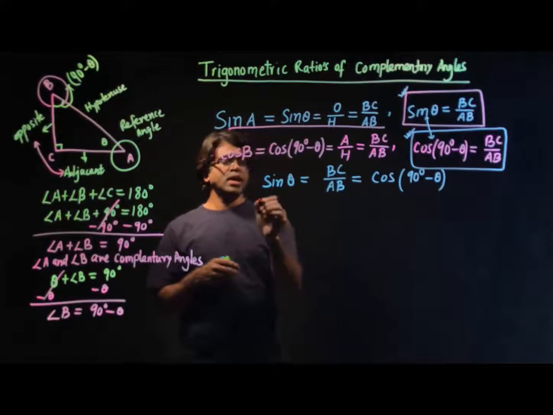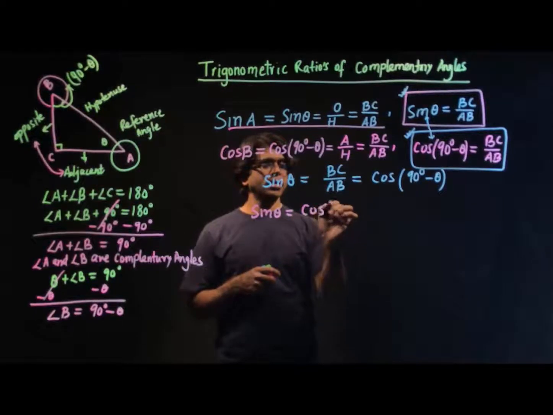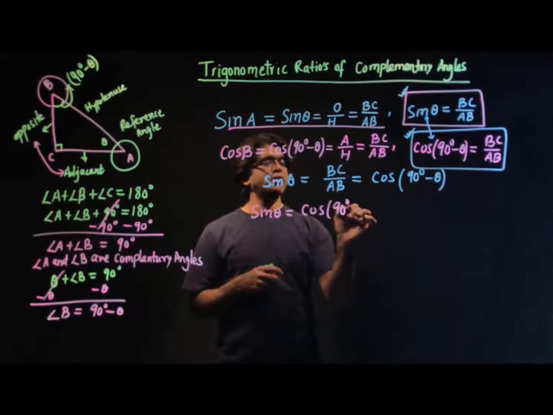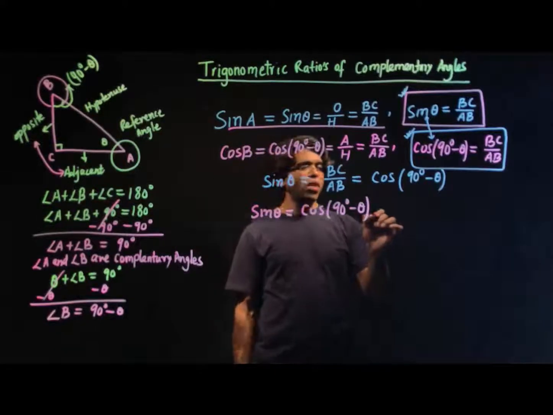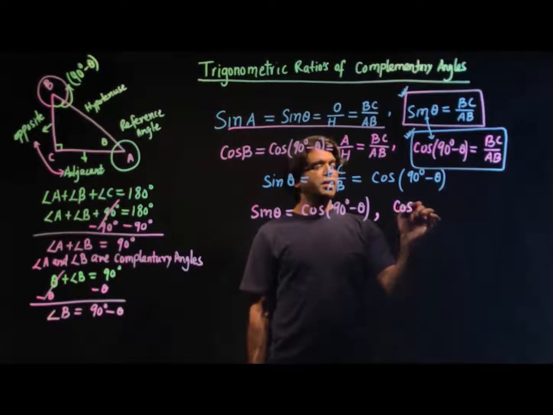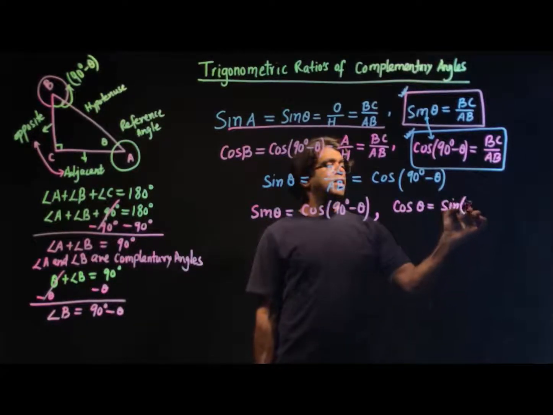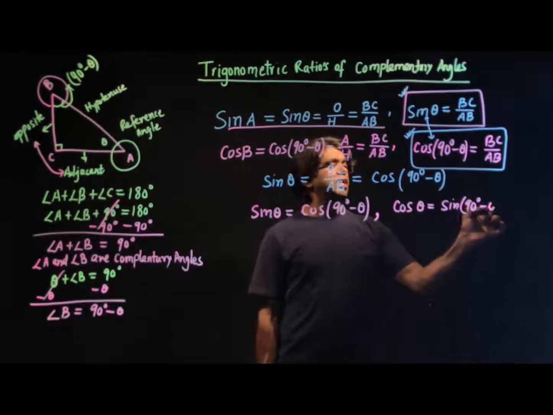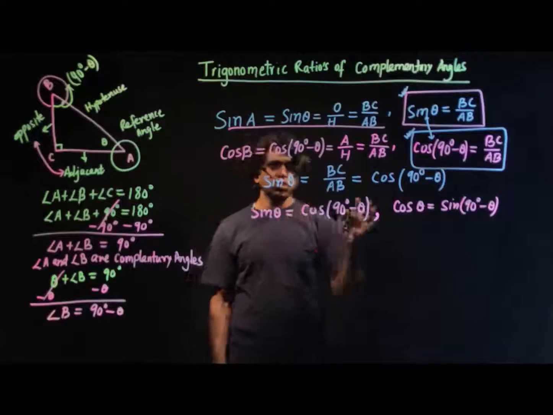Ultimately, what can I write? I can write sine theta is equal to cosine 90 degrees minus theta. And in the same way, we can also prove that cosine theta is equal to sine 90 degrees minus theta. So this relation will be for sine and cosine.